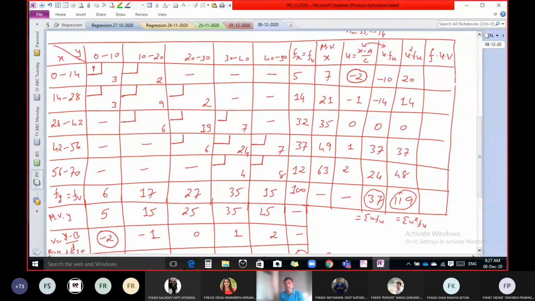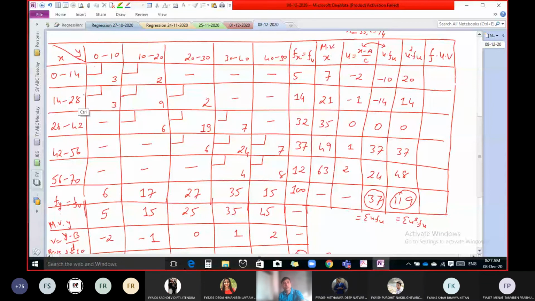So multiply this -2 with -2, what do we get? 4. And multiply that with this frequency, that means 3. So we have to multiply the corresponding values of u and v and this frequency. For this frequency, the corresponding value of u is -2, the corresponding value of v is -2. So -2 into -2 into 3, what do we get?